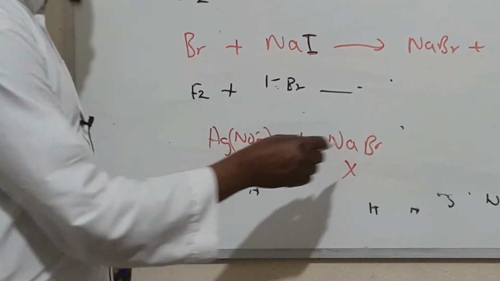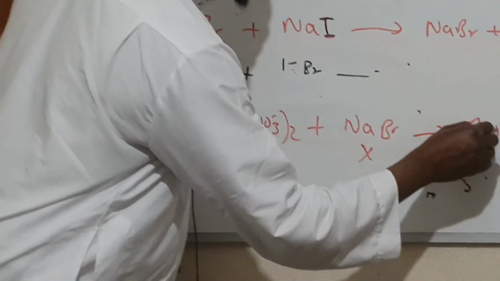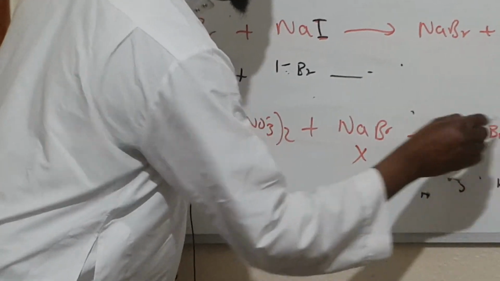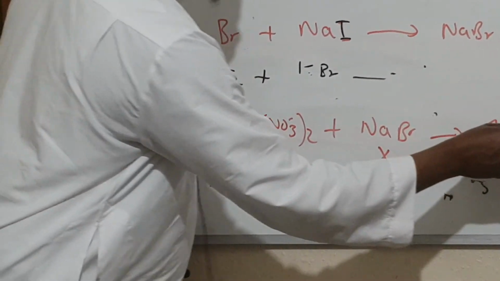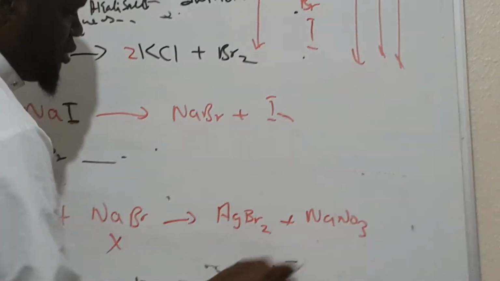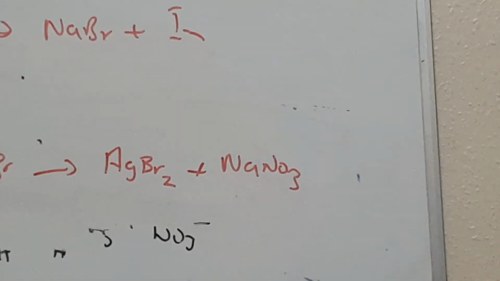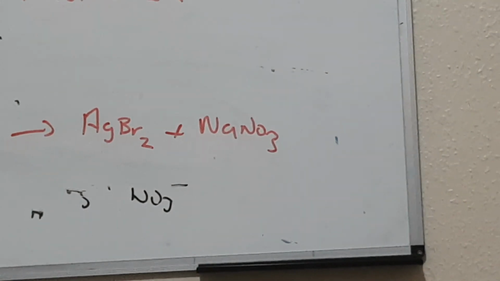Then you are going to have silver bromide, AgBr2, because silver is 2 plus, and sodium nitrate, NaNO3. Is this correct? Ali, is it correct? No, sodium is not 2 plus.